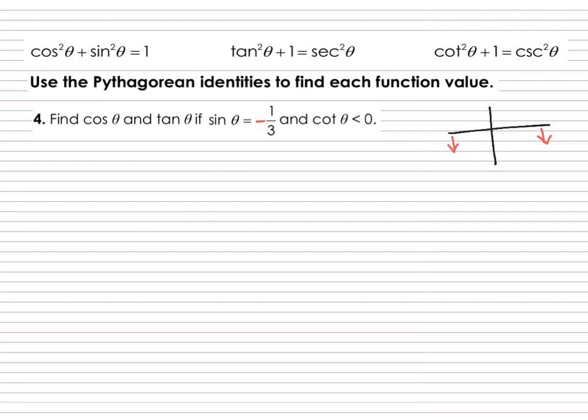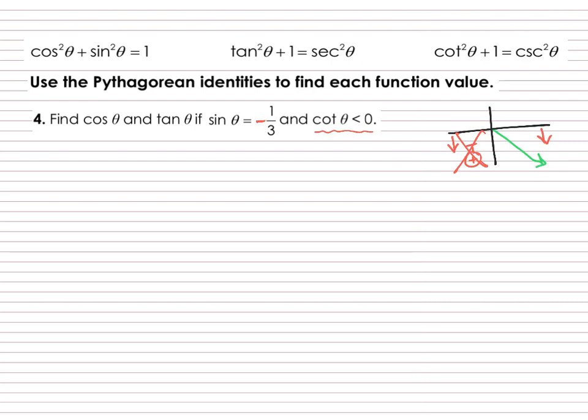What the question is also telling us is that the cotan of theta is less than 0. If cotan is less than 0, or negative, that also means the tangent is negative. Well, tangent is positive in quadrant 3, so that's not going to work. The angle that we're talking about has to be in quadrant 4.